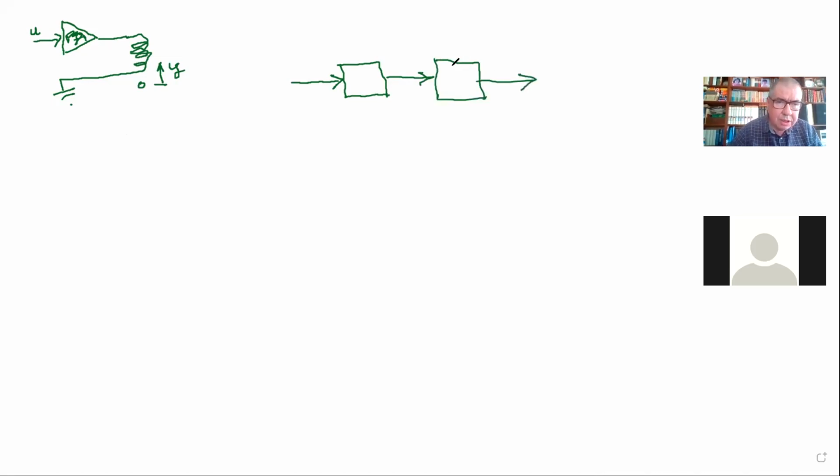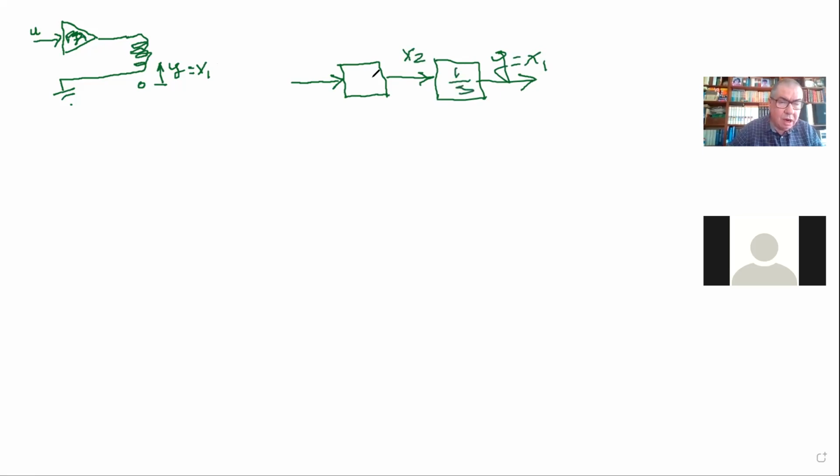Let me call the position, so Y is equal to X1. That's the position. Now, the derivative of X1 is the velocity. So let's call it X2. This is the velocity, and this is an integrator.